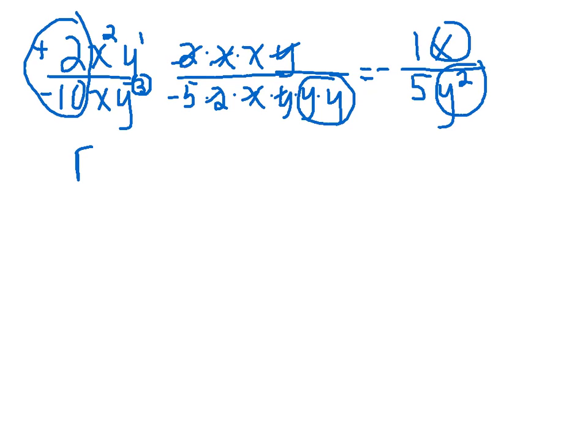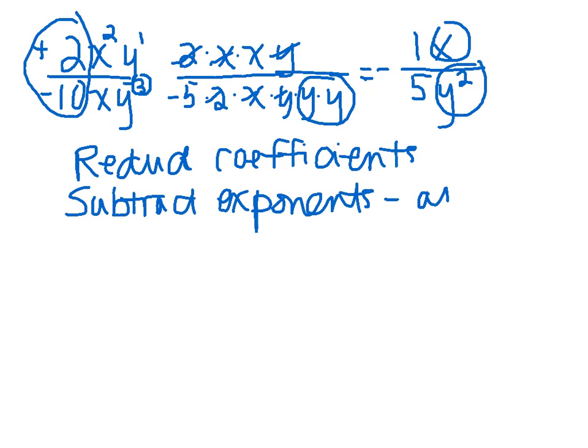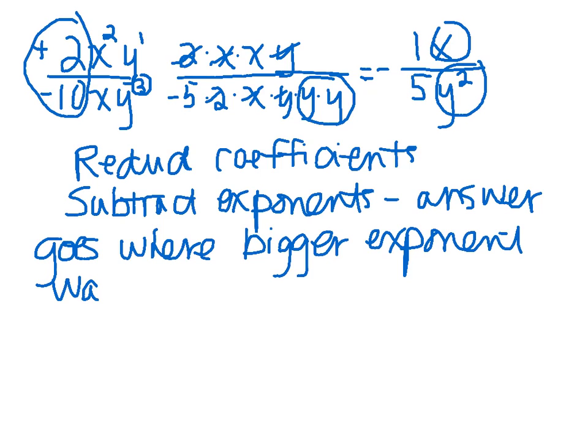So really what we're doing is reducing the coefficients and subtracting the exponents, but remember, the answer goes in the part of the fraction where the bigger exponent was originally.